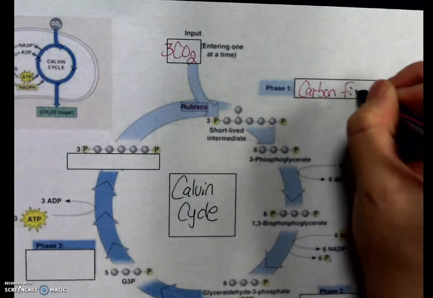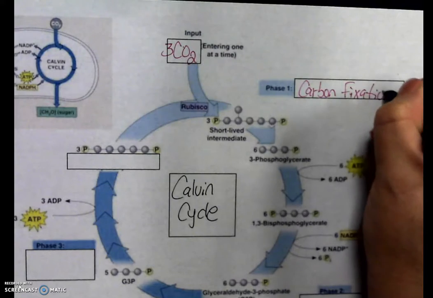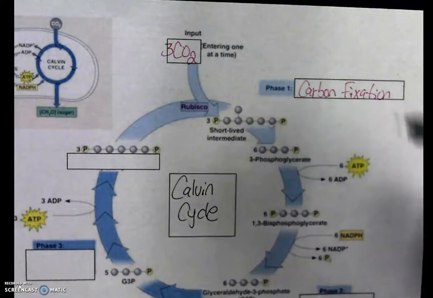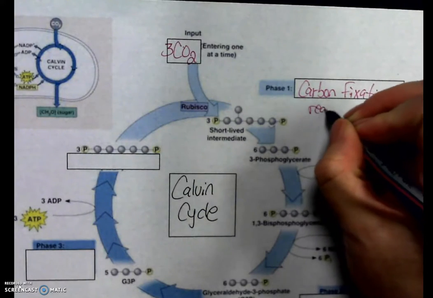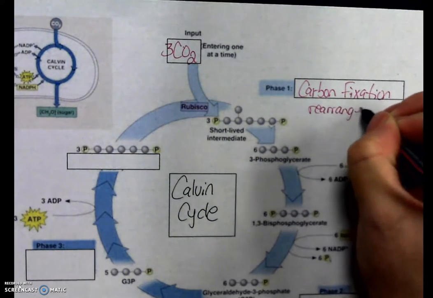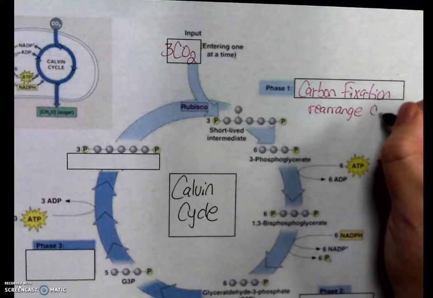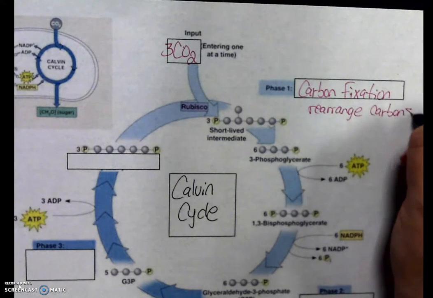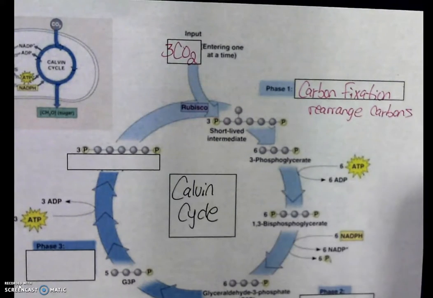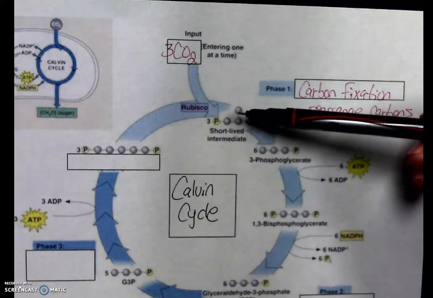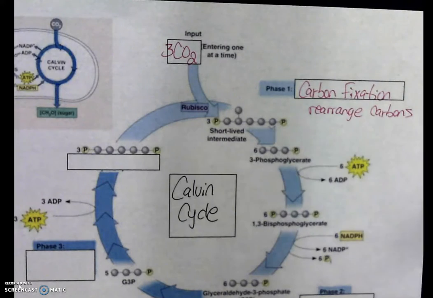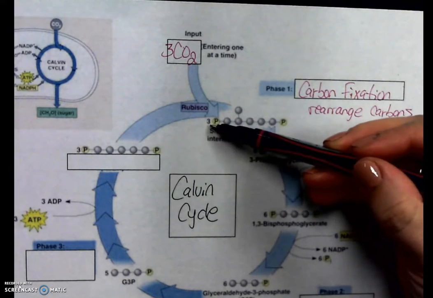So it is taking those carbon molecules from the carbon dioxide, fixing them, rearranging them, putting them into a larger molecule than what they started out. This is the steps it takes to make our glucose ultimately. So we now have a 1, 2, 3, 4, 5, 6 carbon molecule, and there are 3 of those.